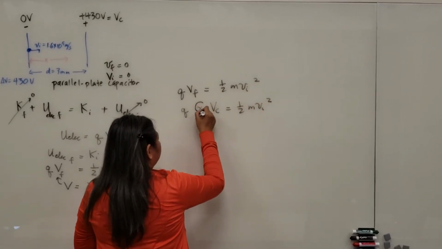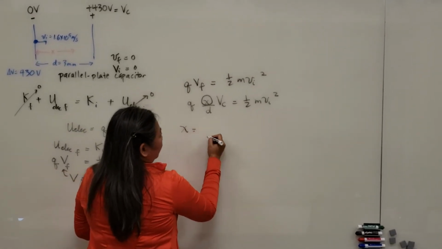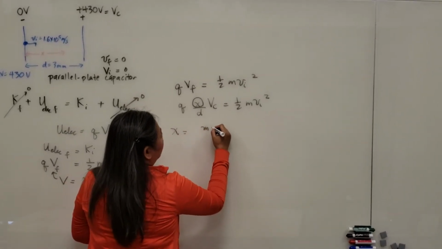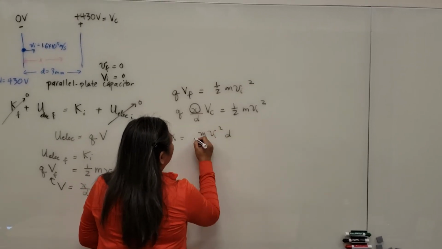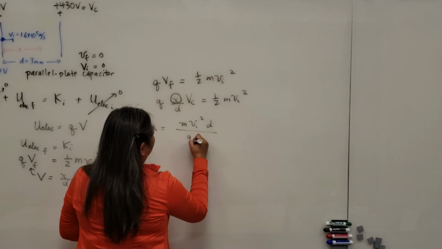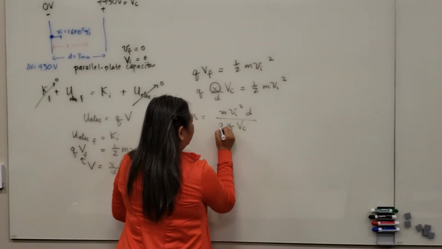Now we can see our unknown variable. X is therefore m v initial squared times d, all over the product of q V max, this whole term in the denominator, multiplied by 2.